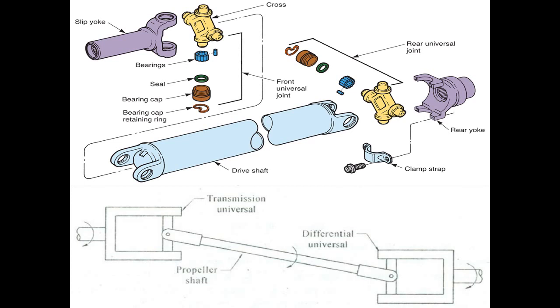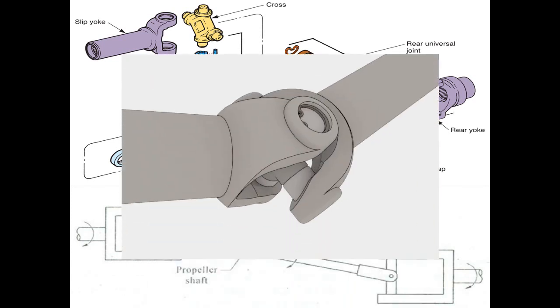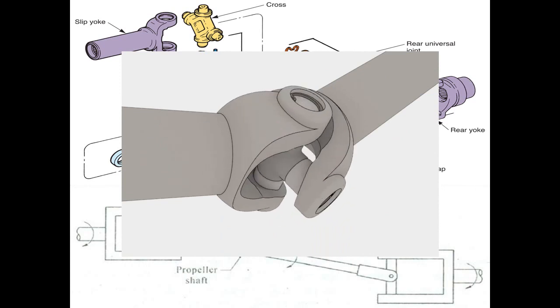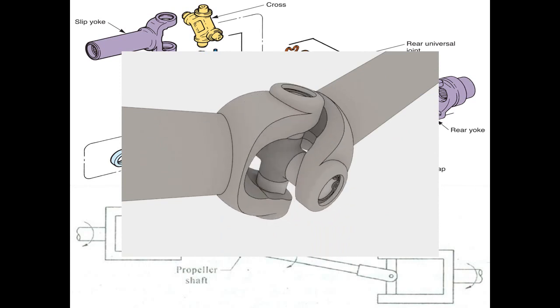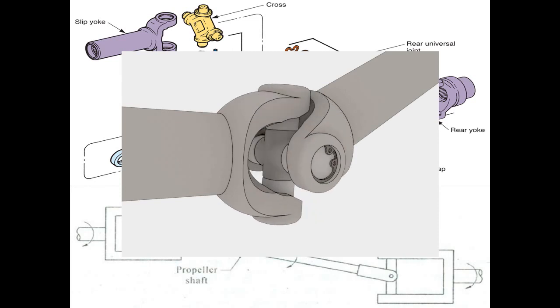The cross in the schematic representation of universal joint connected to the propeller shaft. That is the construction and generalized view of propeller shaft and the universal joint. This is the animation of universal joint.